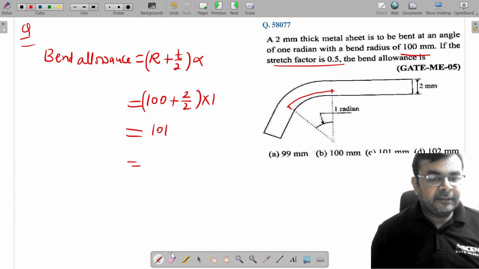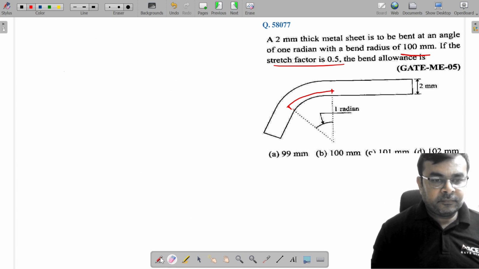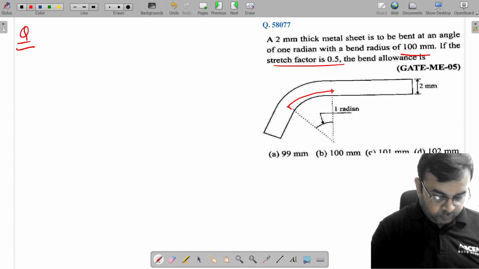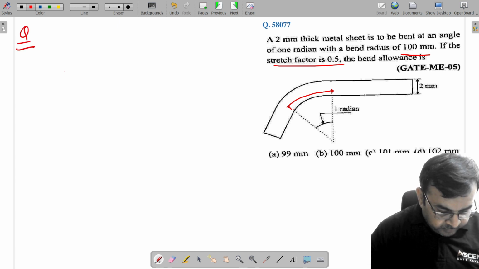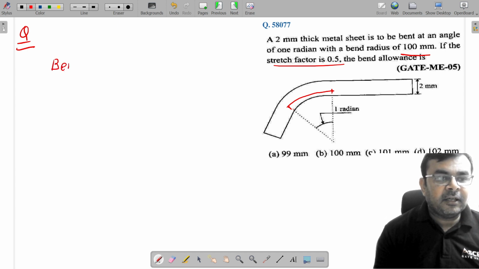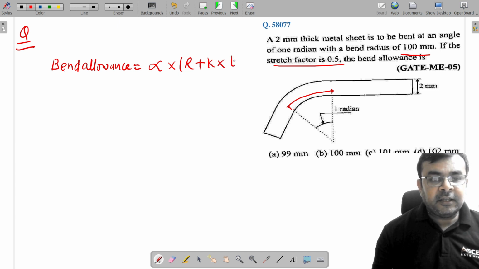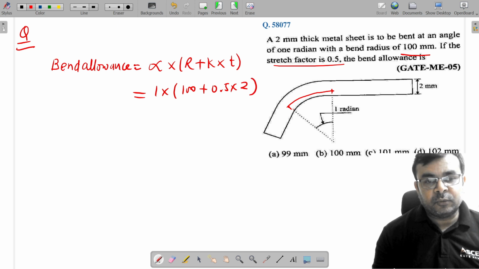Okay, so you can see here we have this relation. Now the bend allowance can be written as alpha into R plus stretch factor K into T. So this is 1 radian and this is 100 plus 0.5 into thickness 2.